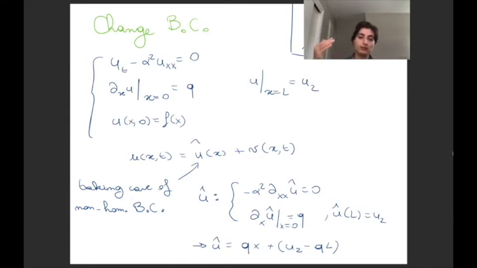So second derivative of û equals 0 means that û is a first order polynomial, and then we need to check that the value at capital L should be u2, and the derivative with respect to x of û at 0 needs to be q. So we retrieve the coefficients of this first order polynomial from the boundary conditions.